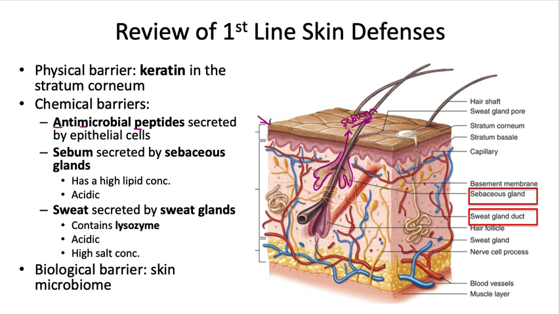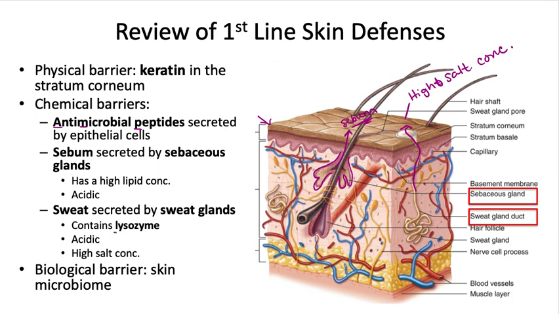And then sweat, here's the sweat gland right here. The sweat gland secretes sweat, and sweat has a high salt concentration. And when the water evaporates from the sweat, then that salt concentration is even higher, and a high salt concentration will inhibit the growth of most bacteria, except for, of course, halotolerant bacteria.